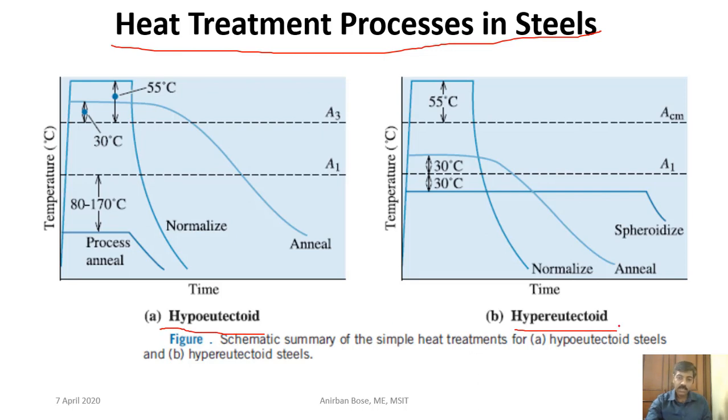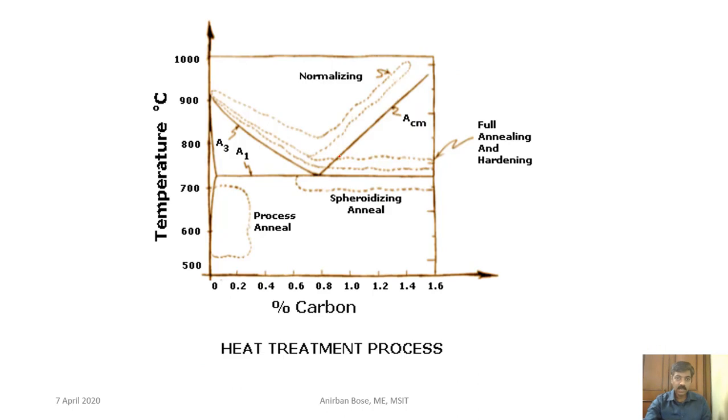Okay, here you can see, probably you remember this particular portion of the iron carbon diagram, eutectoid point, and you have seen probably this temperature is called A3 temperature. Eutectoid temperature is called A1 temperature. Okay, and this particular temperature line is called the ACM temperature.